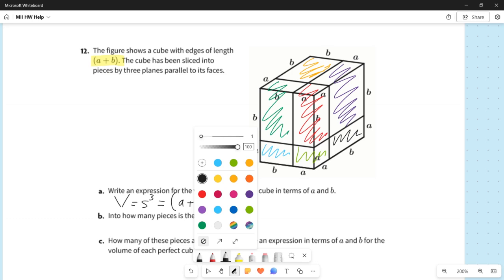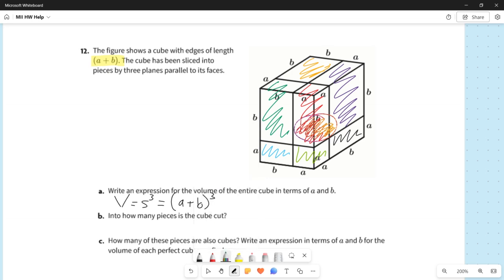There is an eighth piece, and it's hidden. It's in this area here, and it's kind of hard to see. The eighth piece is the only piece that we can't see, but it is there. Just because we can't see it doesn't mean it doesn't exist.